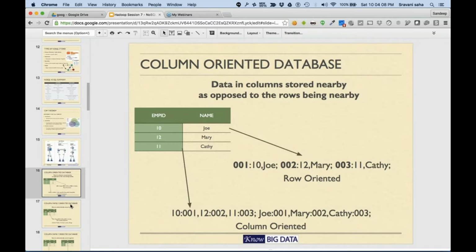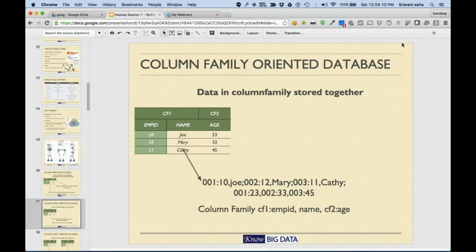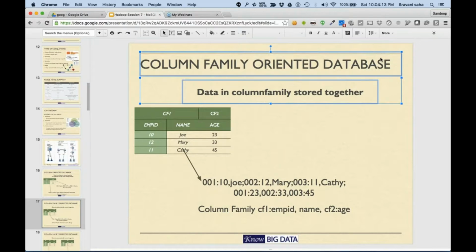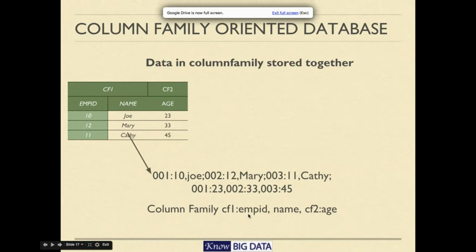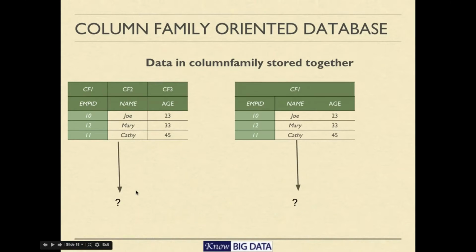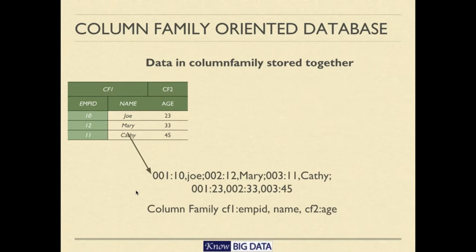The clever trick which HBase did, so what did HBase do? HBase planned for a column family oriented database. What does it mean? That columns are grouped together into column families, and data in a column family is stored together. For example, employee ID and name will first get stored and then the second column.